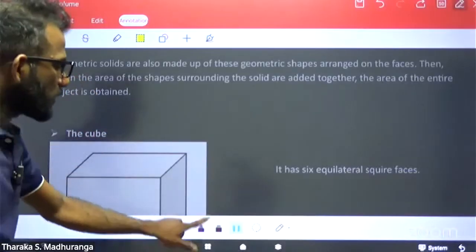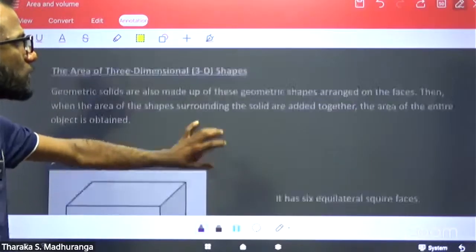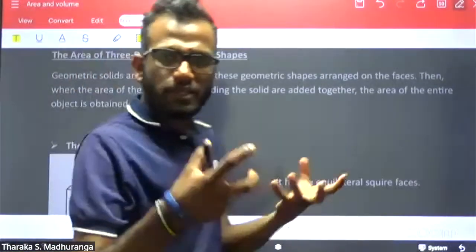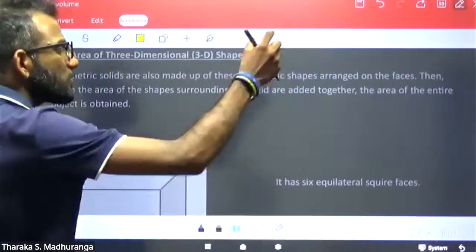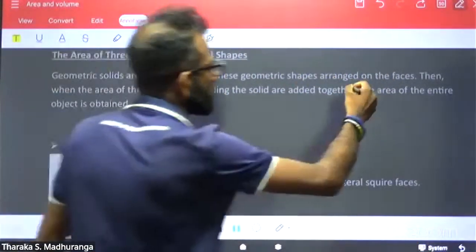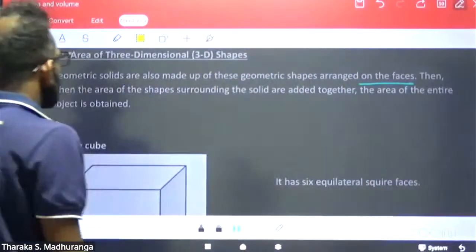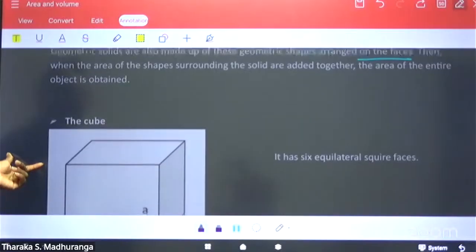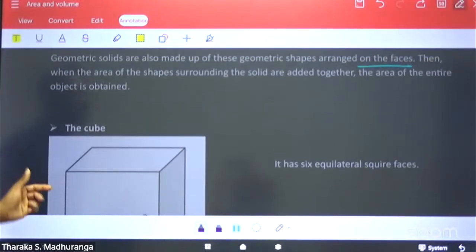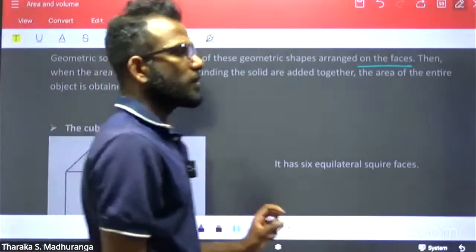Normally, a collection of 2D shapes makes up 3D objects, that we call three-dimensional objects, with 2D faces.